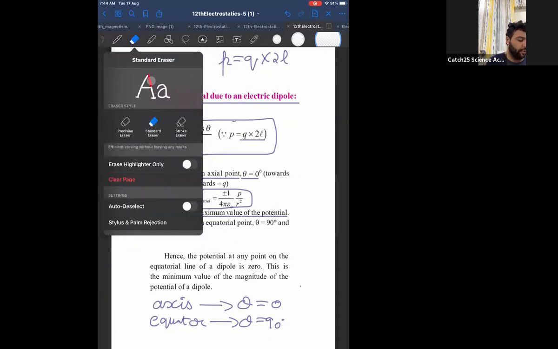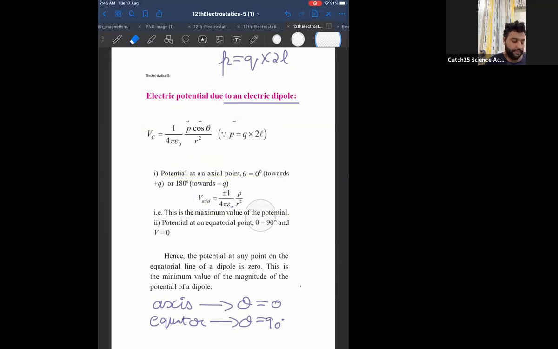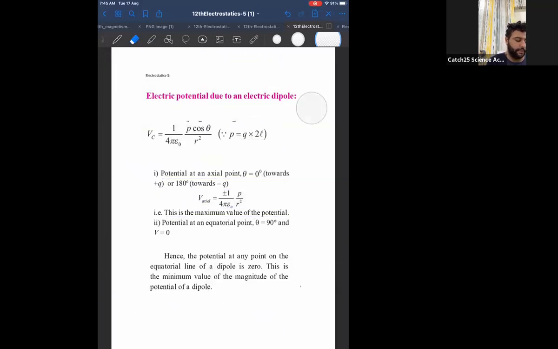Now case 2. Potential at an equatorial point. Now at the equator theta is 90. Therefore, if theta is 90, my entire value of V will become 0 because cos 90 is 0.